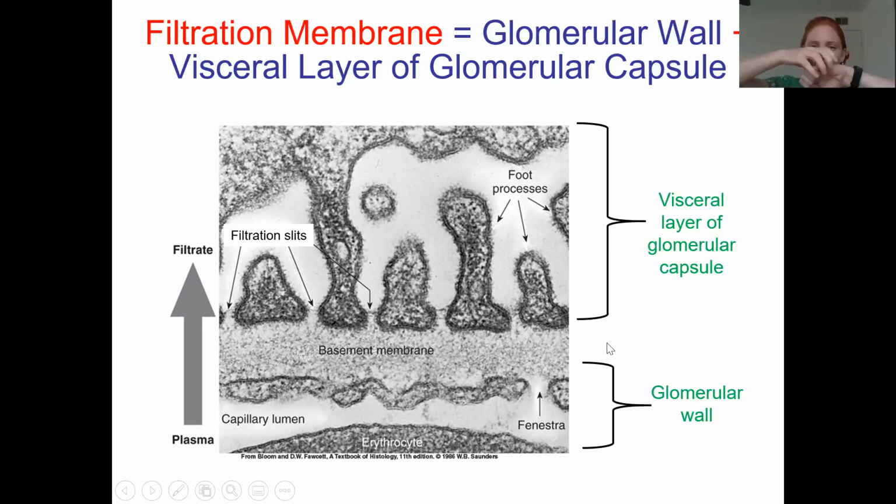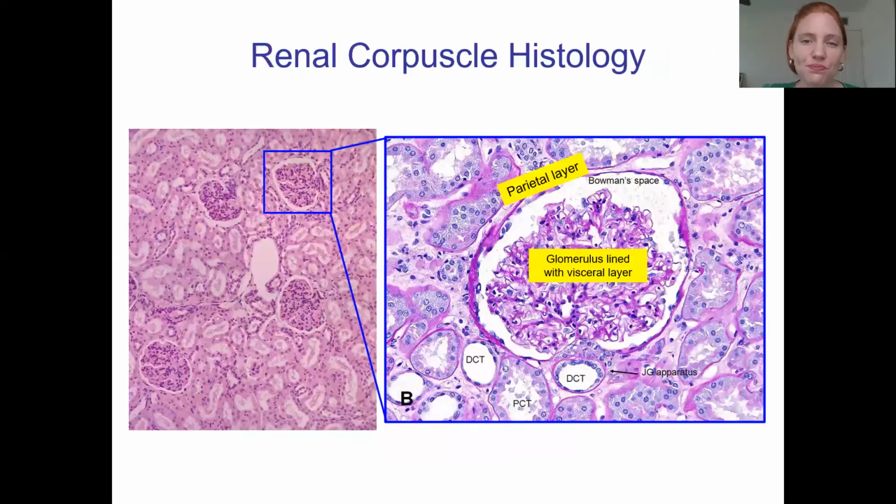And then sitting on top of the outside, we have the visceral layer of the glomerular capsule, which has those podocytes that create those long processes that make the filtration slits. And so now we have some nice, beautiful holes for the liquid, the plasma, and all the dissolved solutes in it, to be forced through, and that's how you create filtration. So, awesome!